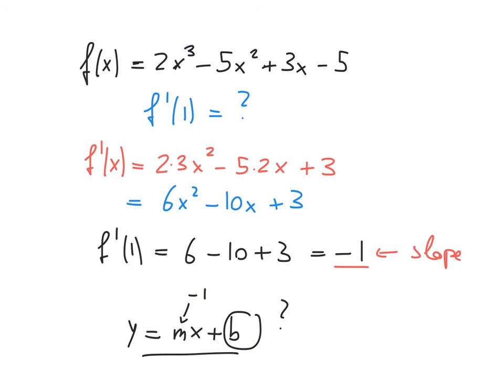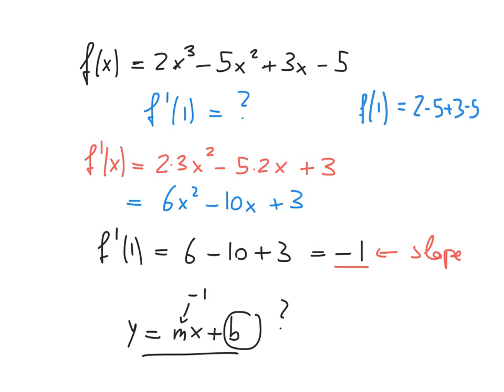The point that we have is given by plugging in 1 into our function. Right? If we plug in 1 here, we get a point on the line. Namely, right? So we have f of 1, and you plug this in, so this would be 2 minus 5 plus 3 minus 5.